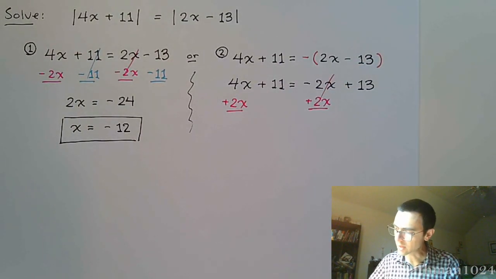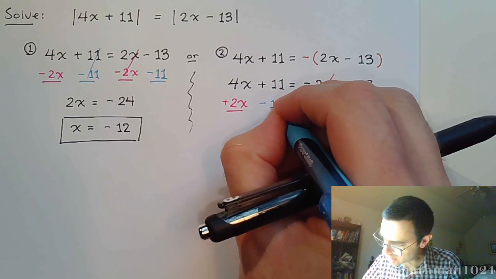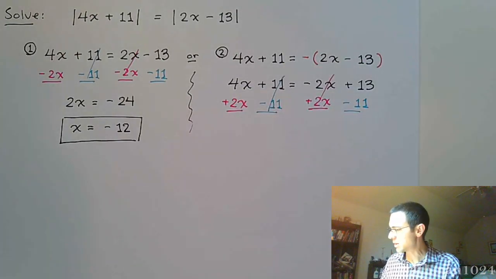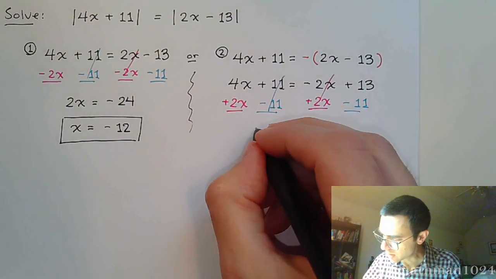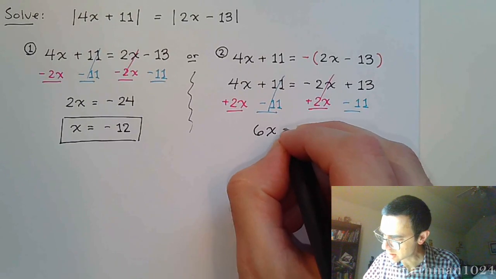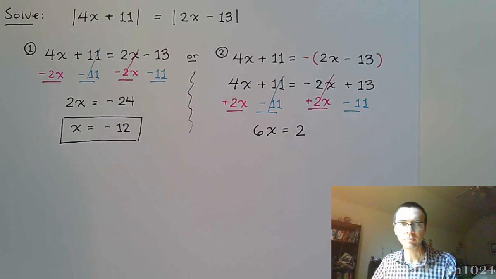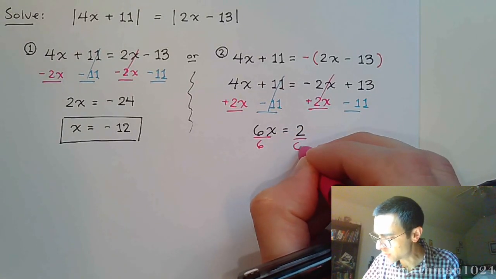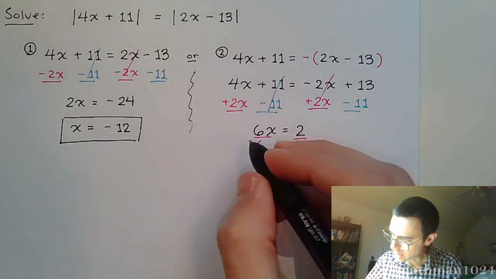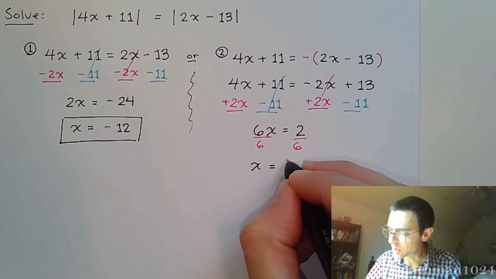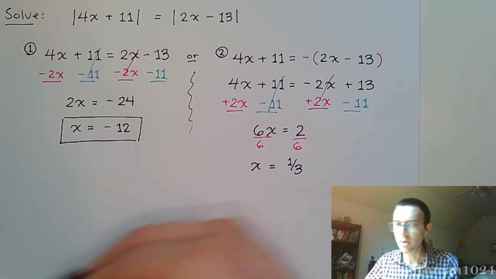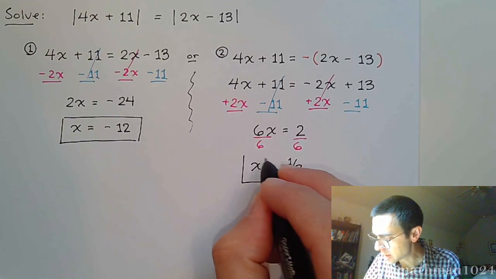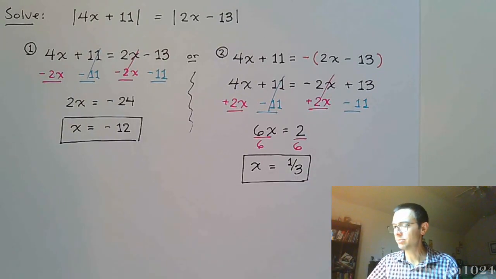Moving the variables to the left, the constants go to the right by subtracting 11. We now have 6x is equal to 2. Divide both sides by 6, because remember you were dividing by that coefficient. x is equal to 1/3. Make sure that you do reduce your fractions all the way, and everybody's going to be happy.